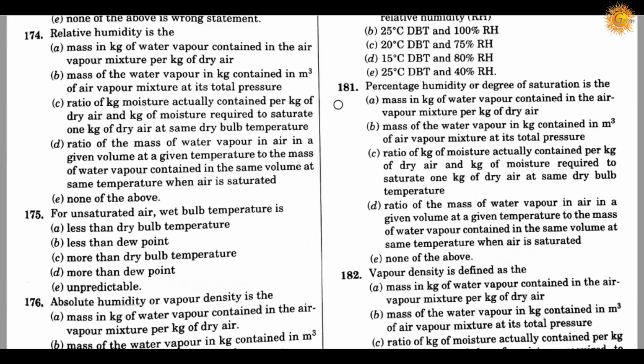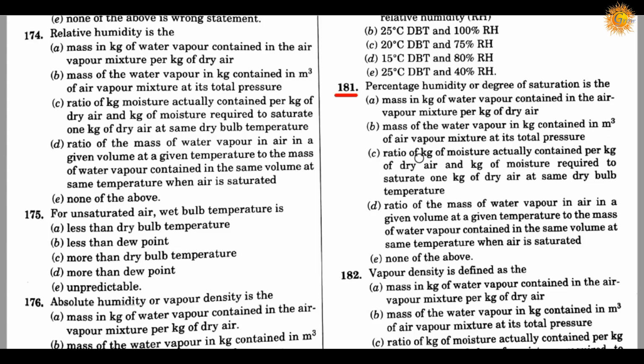Okay. Question number 181. Percentage humidity or degree of saturation is: Option A, mass in kilogram of water vapor contained in the air vapor mixture per kilogram of dry air. Option B, mass of water vapor in kilogram contained in meter cube of air vapor mixture at its total pressure.